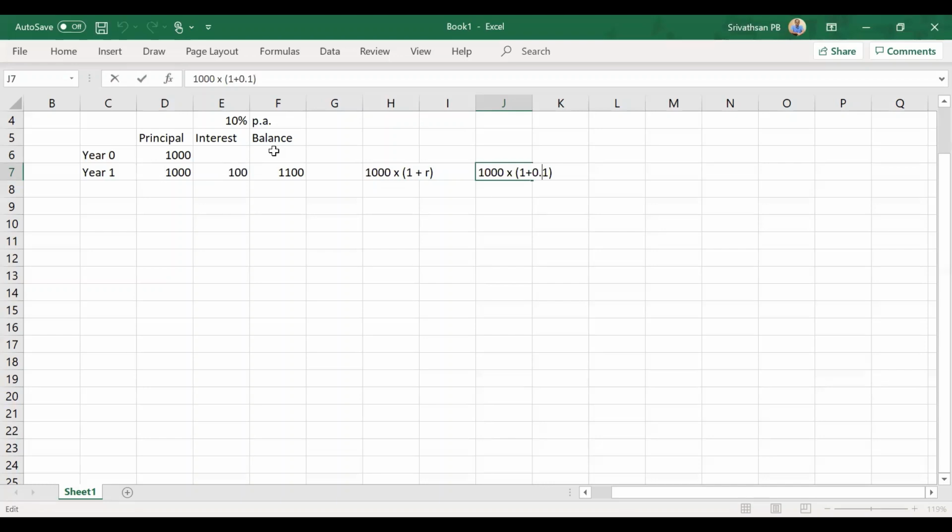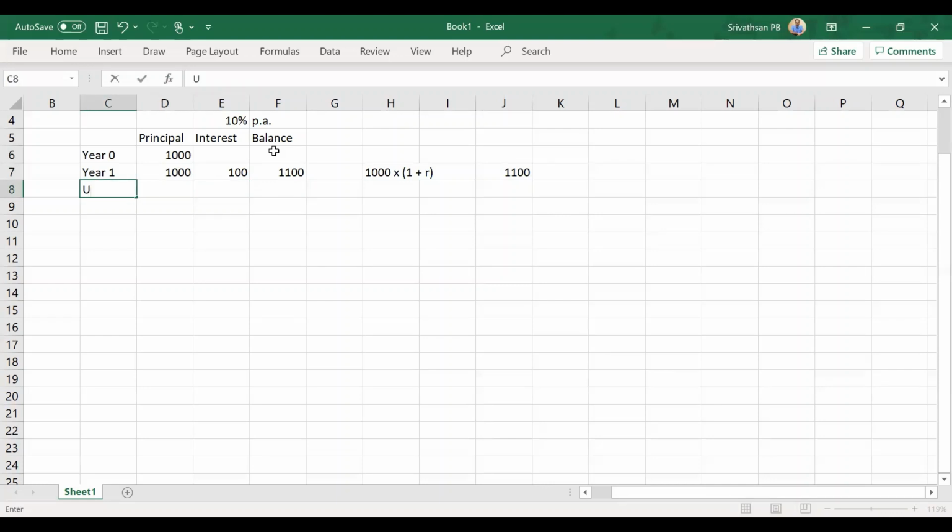So if I convert this into a calculation, it gives 1,100. So that's what is happening here. It's nothing but 1,000 into 1 plus 0.1.